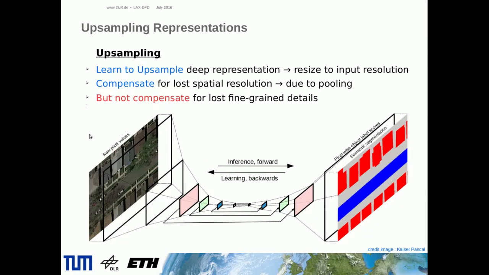A visual example: we have the image, and as we have the pooling layers we're shrinking and shrinking, and then we have a very small representation. With upsampling we can build back the full resolution that we had before, but we cannot compensate completely for the lost fine-grained details. We can upsample, but it's very hard to retain the sharp edges that we had before.